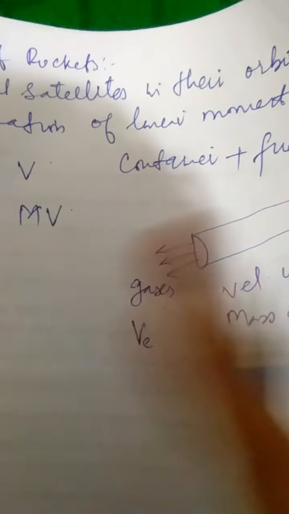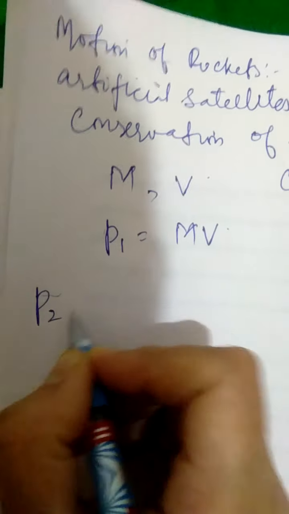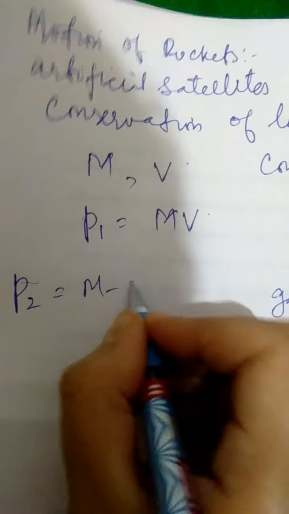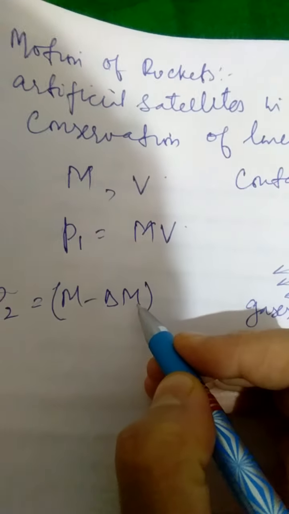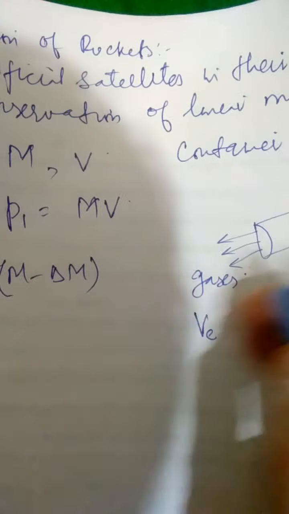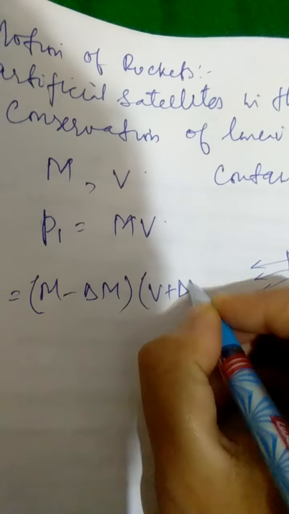So if we have to write the final momentum at any stage of the movement of the rocket, we can write that the final momentum P2 is (m minus delta m), because now this rocket has lost certain mass in the form of exhaust gases, and the velocity is enhanced to (v plus delta v).